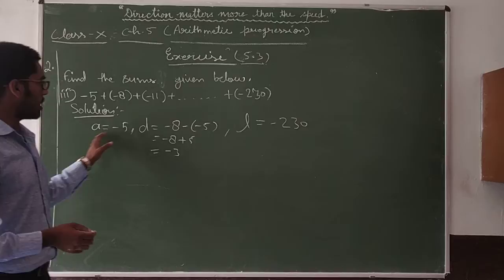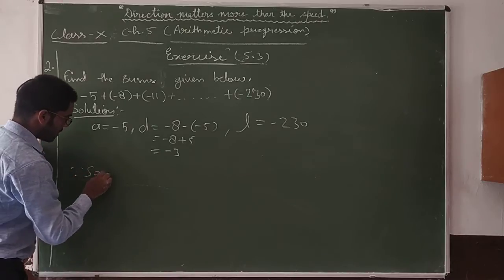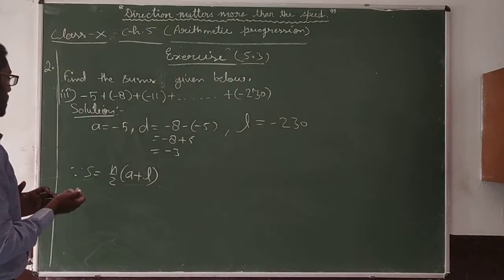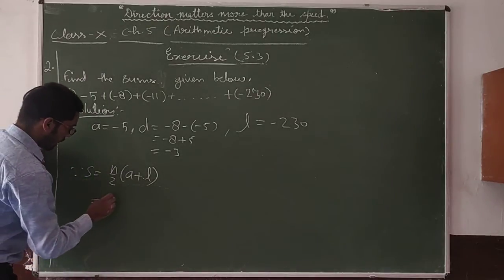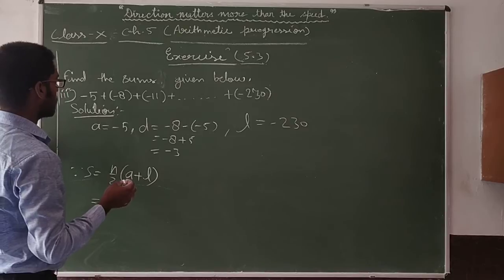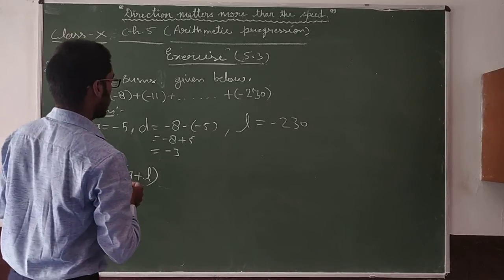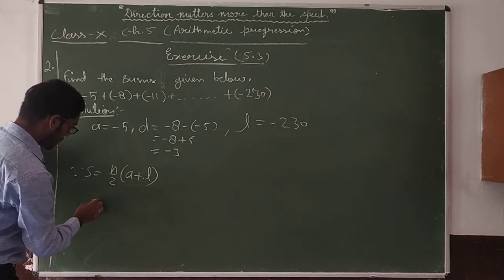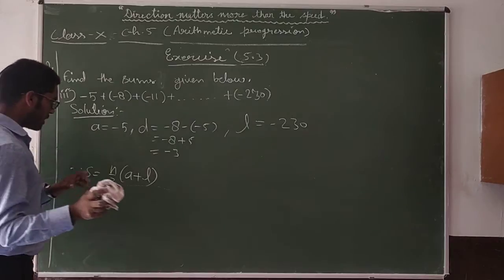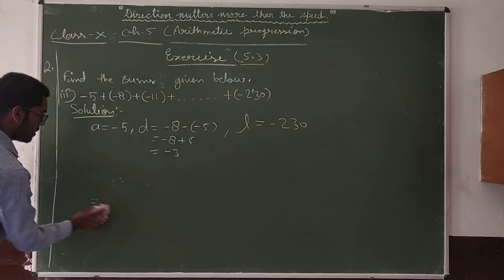Now you have the first term, common difference and last term, so apply the formula for the sum. Wait students, first you will find the value of n, because the number of terms is not given.